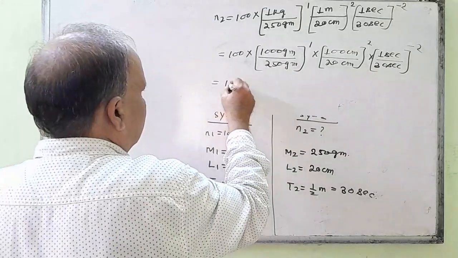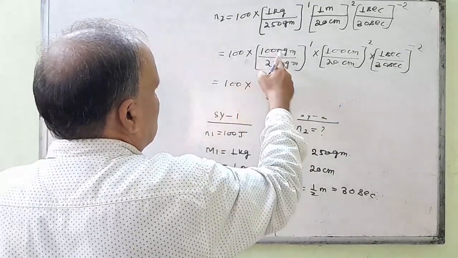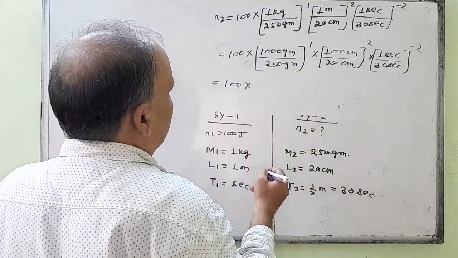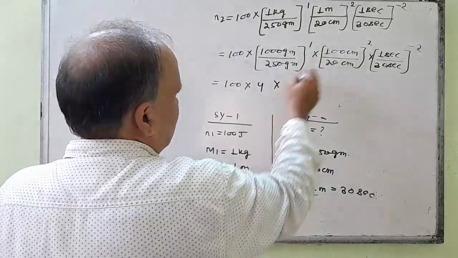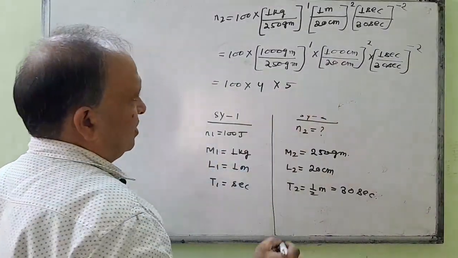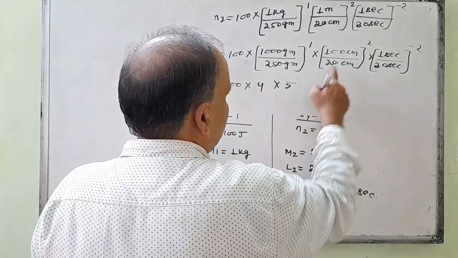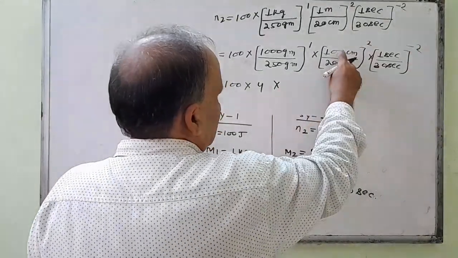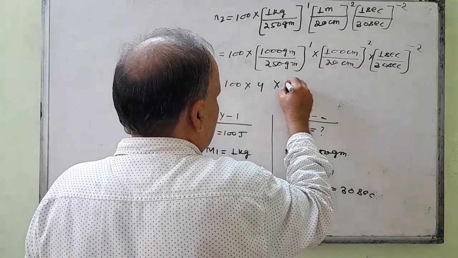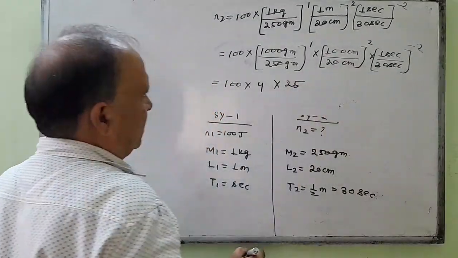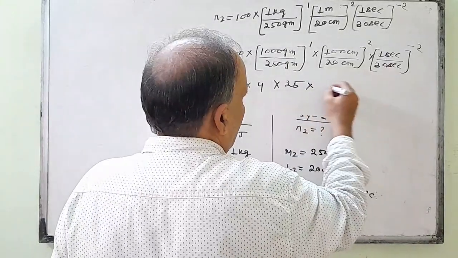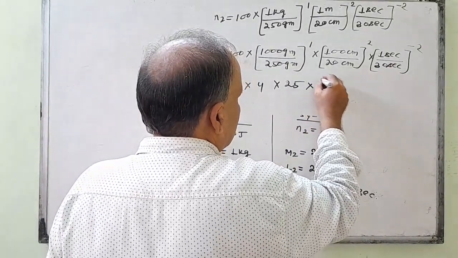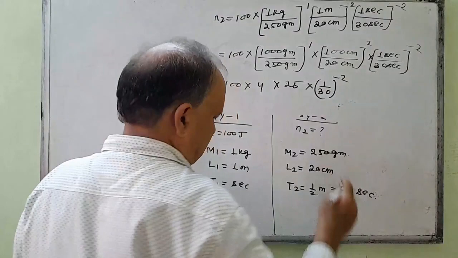So you can write 100 into 1000 by 250, that is your 4, into 5 to the power 2, that is your 25, into 1 by 30 to the power minus 2.